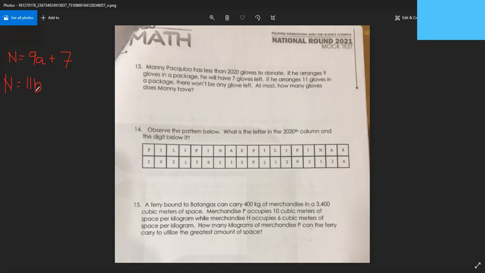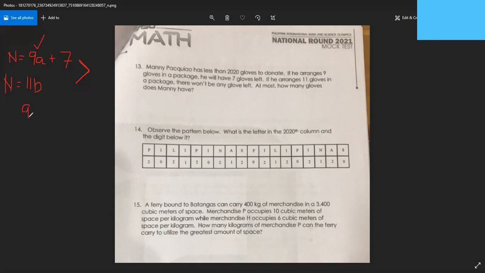What are we going to do here now? Let us identify a number that is divisible by 9 that, when you add 7, will become divisible by 11. Let's try.